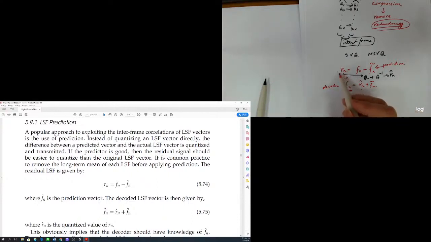Because you quantize your residual line spectrum frequency, what you get at the decoder is not a perfect match. We get the quantized residual vector plus the prediction vector, and this gives a decoded vector.